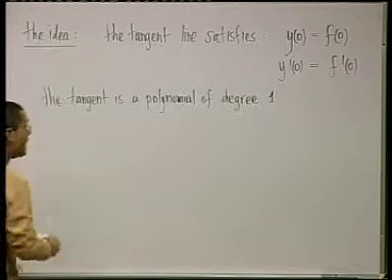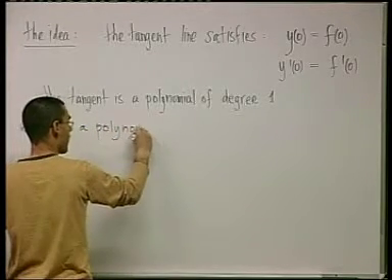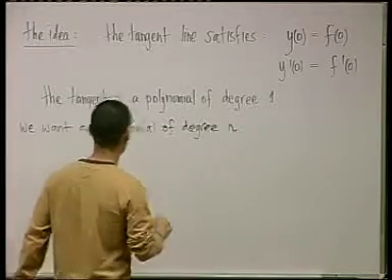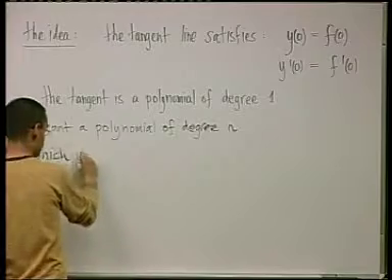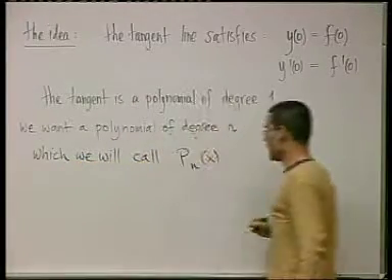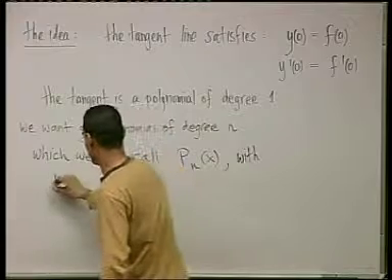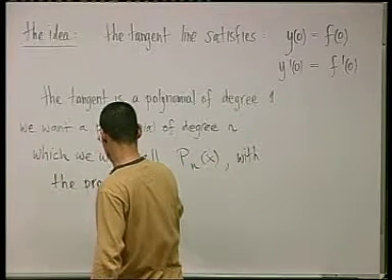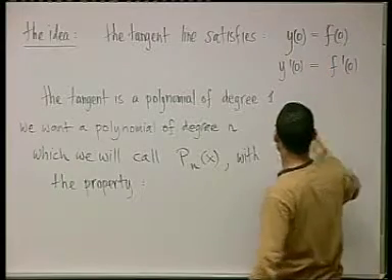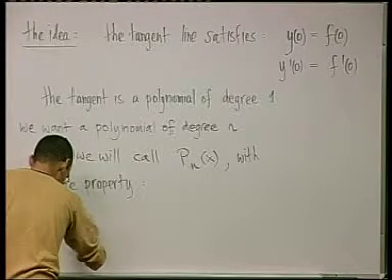For a polynomial of degree n, we want a polynomial of degree n for any n, which we will call Pn of x, n is going to be the degree, with the property that Pn at 0 equals f at 0.